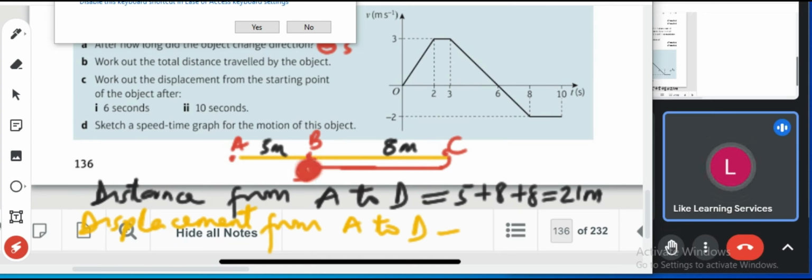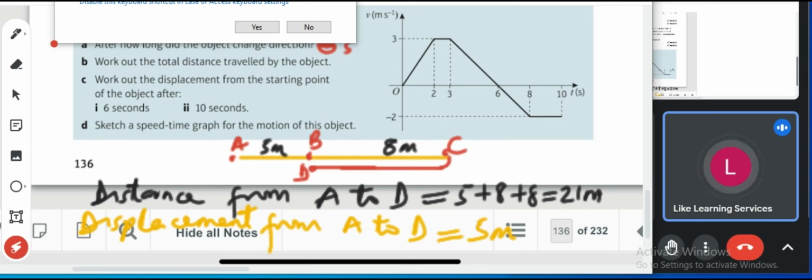Where you are is here, and where you were is here. You measure from where you were, which is just 5 meters, no matter all the places you moved. So displacement is just 5. You can also get that displacement by finding the total distance and subtracting the part that is under.